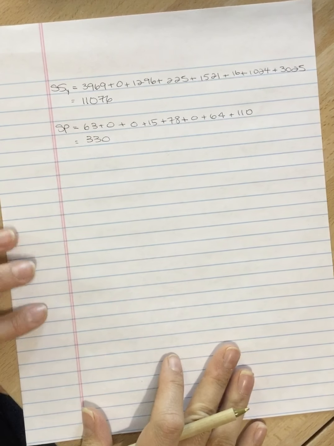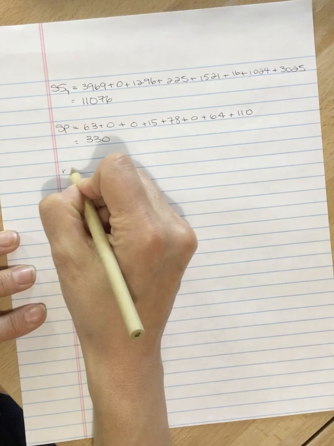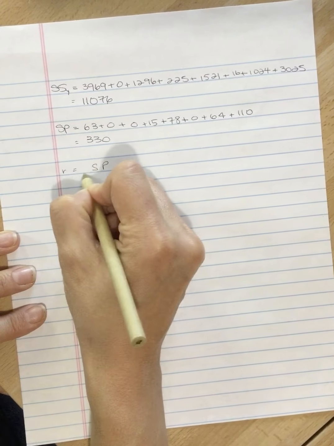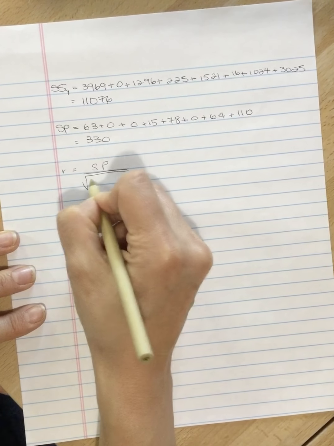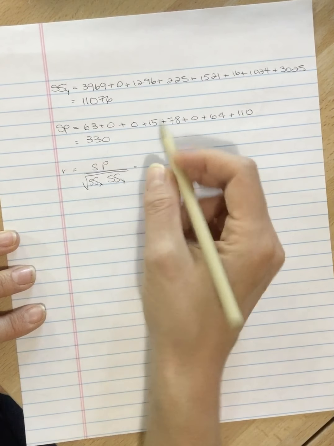So now to calculate r, we take the sum of products divided by the square root of the sum of squares of x times the sum of squares of y.